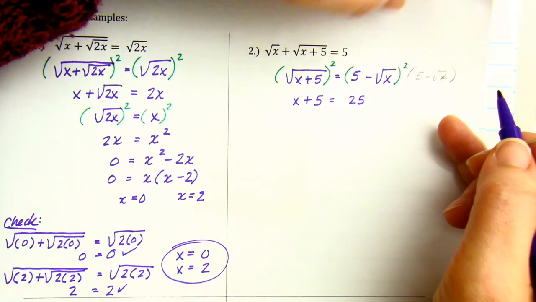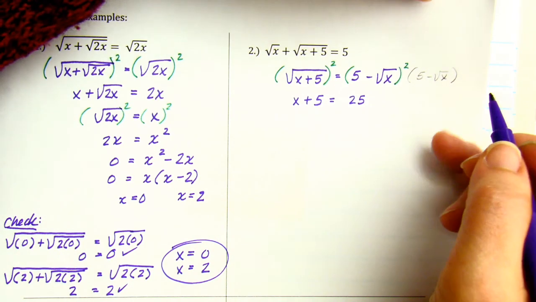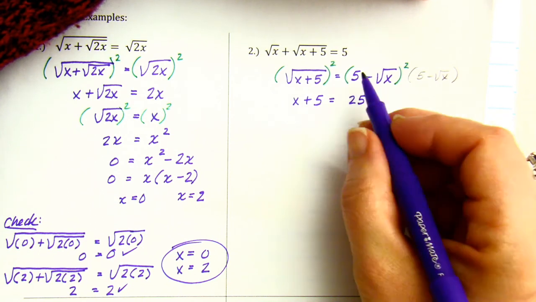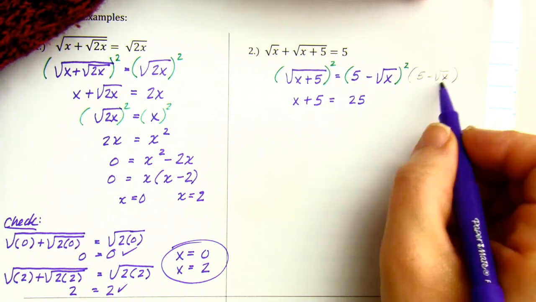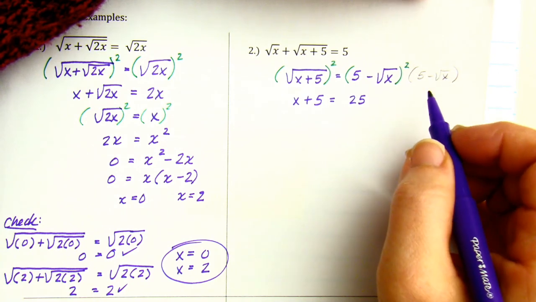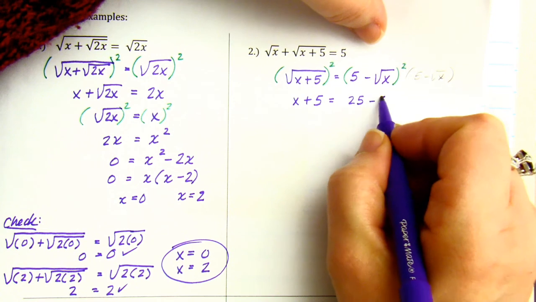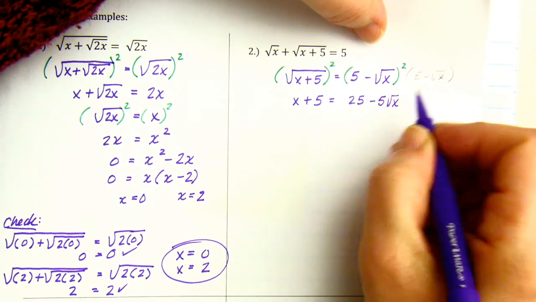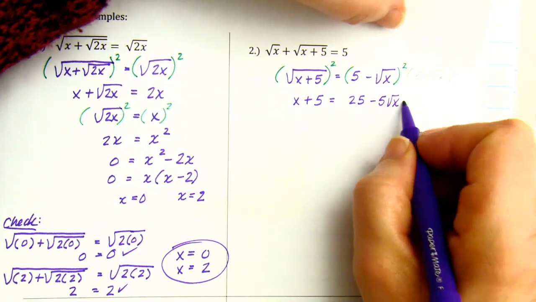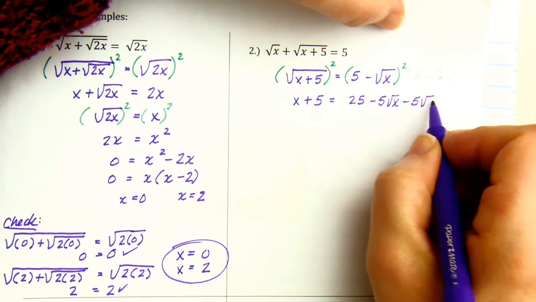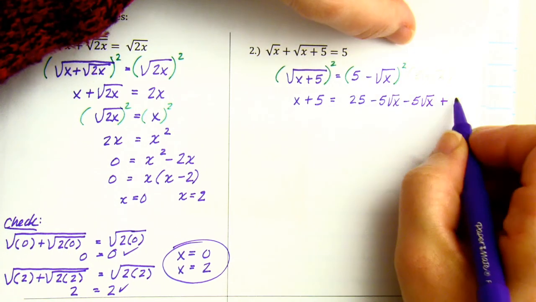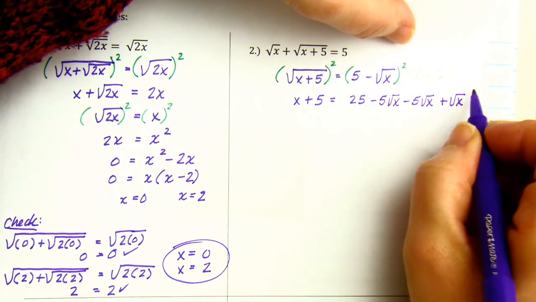All right, 5 times 5, 25. This is going to be 5 times negative root x is negative 5 square root of x. And again here, negative root of x times 5 is the same thing. And then here, negative times negative is positive, and that's the square root of x squared.